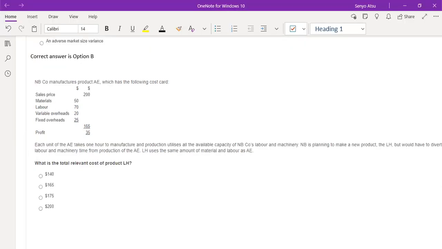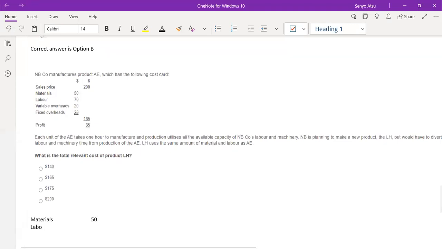So the relevant cost of producing LH will be made up of materials, 50. It will be the same cost as AE. Labor, 70.